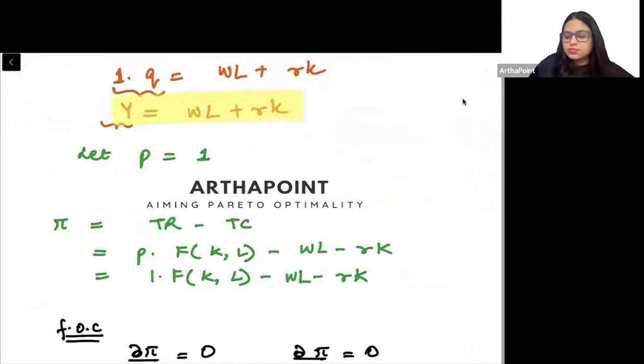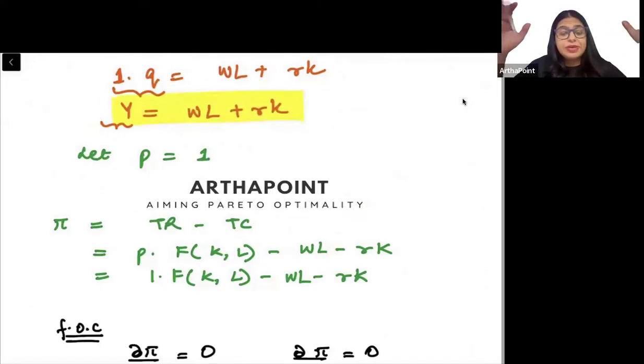So we are saying that the entire GDP of this economy, इस इकोनॉमी का जितना भी एग्रीगेट इनकम है, इस इकोनॉमी का जितना भी GDP है, it is getting split between two people. One is the labor and second is the capital. दो लोगों में पूरा का पूरा GDP split हो रहा है. Nothing is left for the firms.